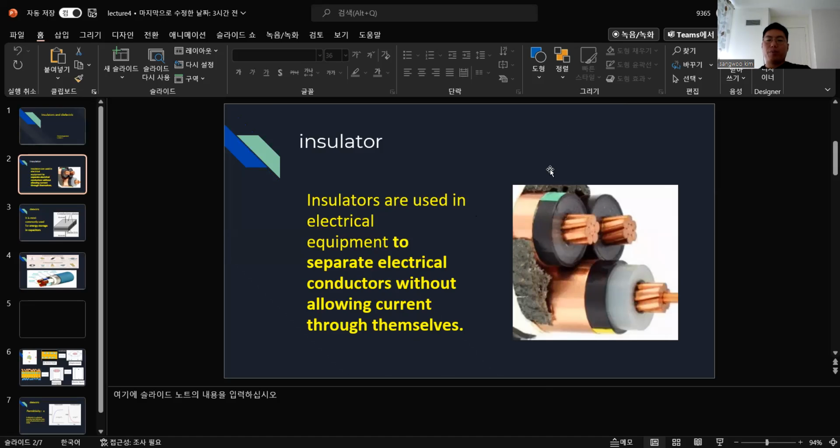It just prevents current, but there's another purpose, to protect us. We use insulation for safety.